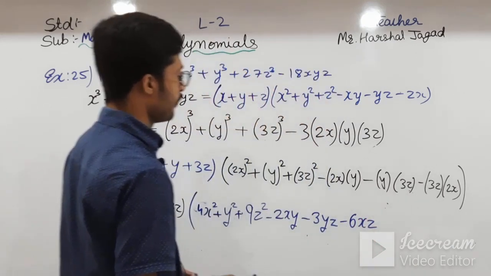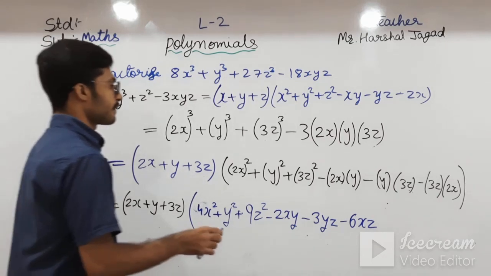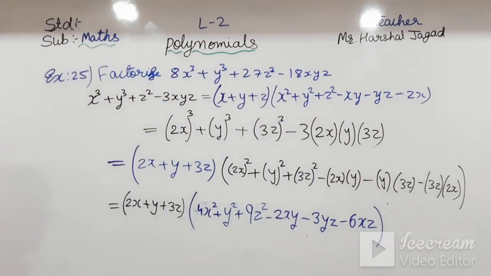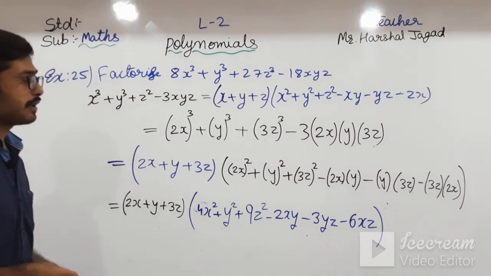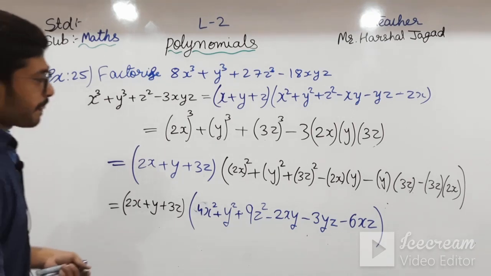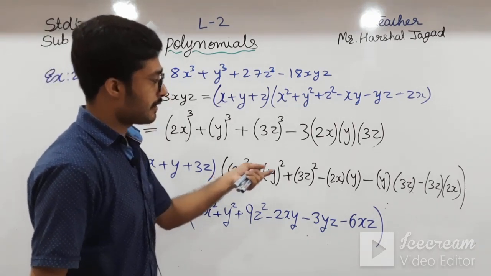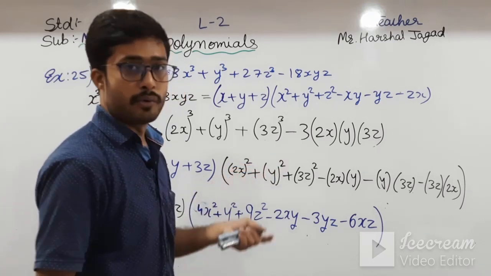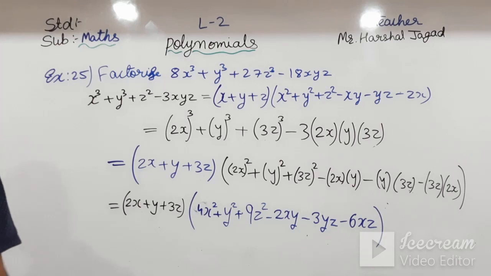You can write both. So this is the simplification of 2x the whole square, y the whole square, plus 3z square, minus 2xy, minus y into 3z, minus 3z into 2x. Okay, students, this is the simplification. Please note down.